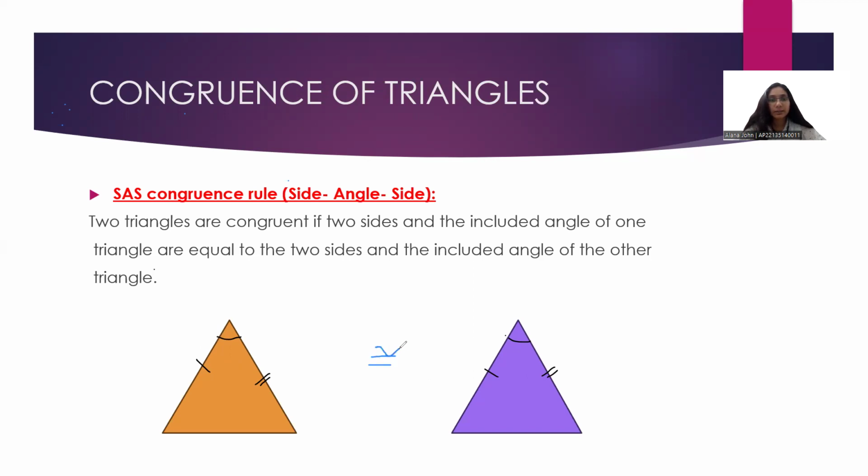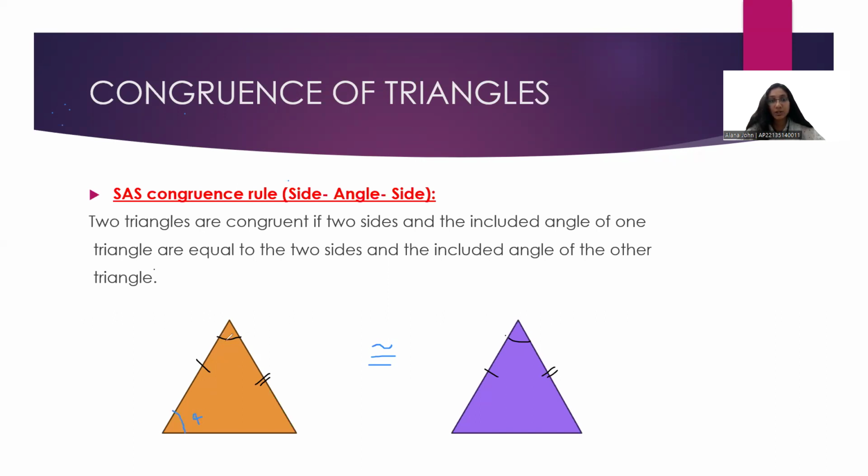Okay, we see that these two triangles are congruent. So SAS congruence rule means we need two sides to be equal and also the angle taken should be in between these two sides. The angle cannot be here; this cannot be known as SAS congruence.